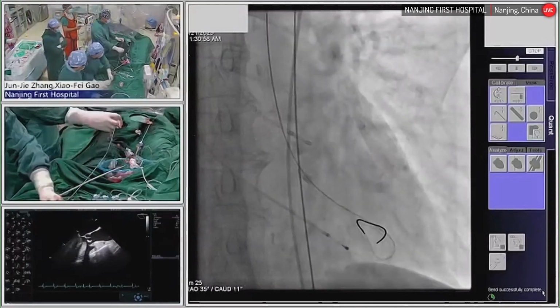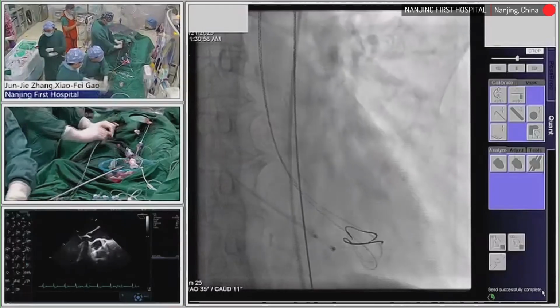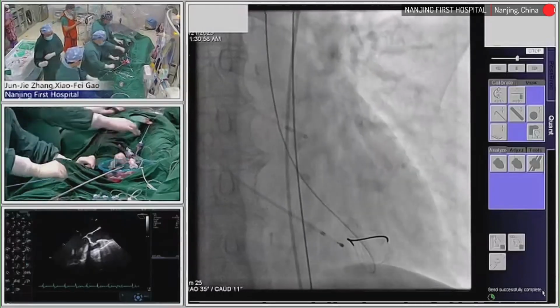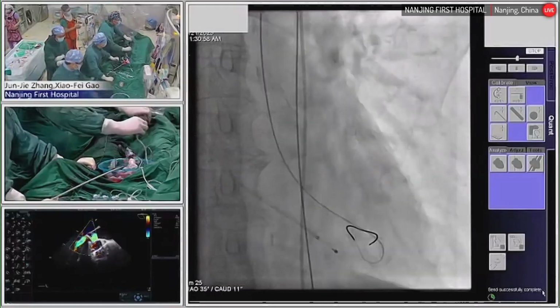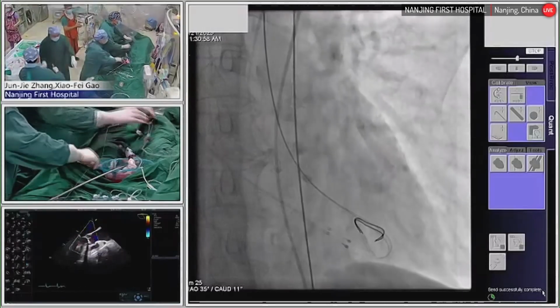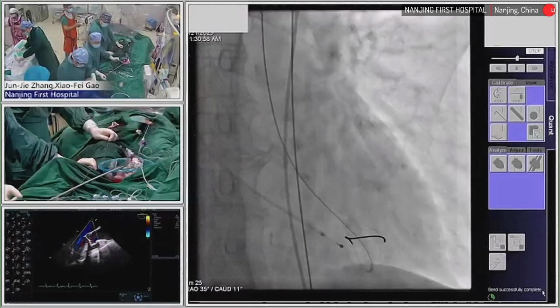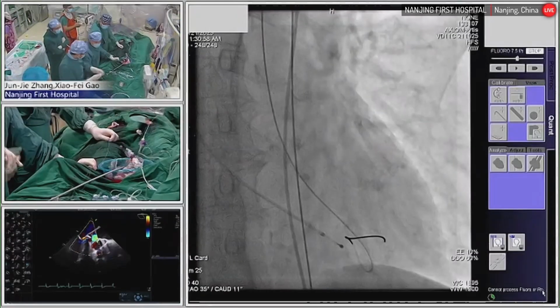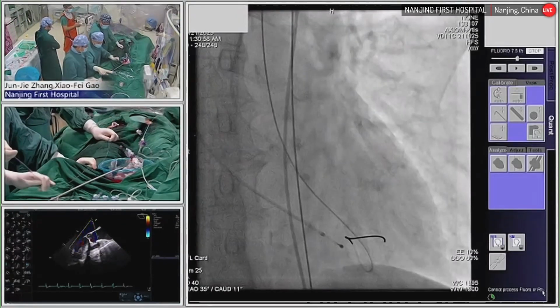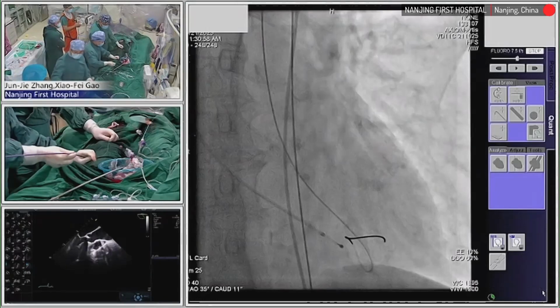Then we reshape the wire. Okay. Now next step we'll advance the self-expanding valve. Okay, Professor, which size do you prefer?